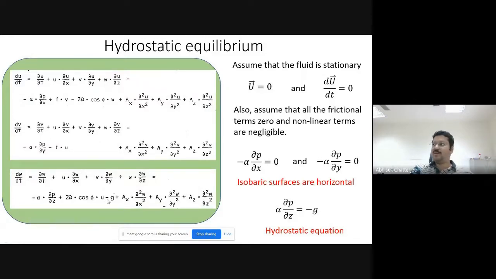If you take one term to the other side, this becomes positive. Alpha is basically nothing but 1 upon rho, so 1 upon rho del P del Z equals minus G. So again we are getting the same hydrostatic balance that we have seen for the static flow.